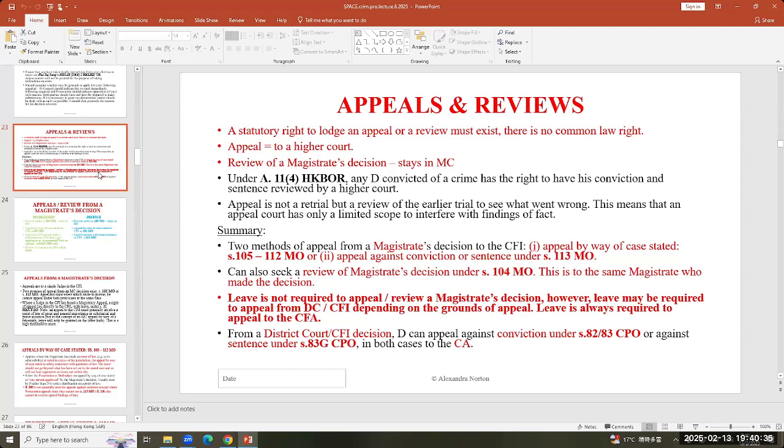So in the exam, look carefully at the wording of the question. Is it asking you about appeal, or is it asking you about a review, right? So if the question is asking about a Section 104 review, don't waste your time answering questions about the power to appeal a magistrate's decision, because that's not what the question's asking you.